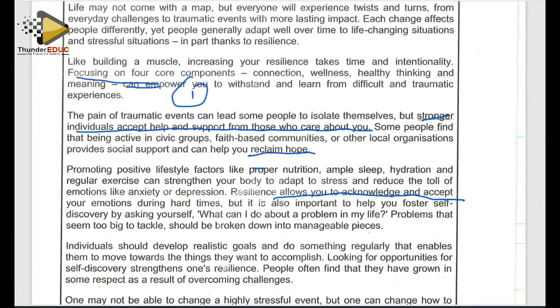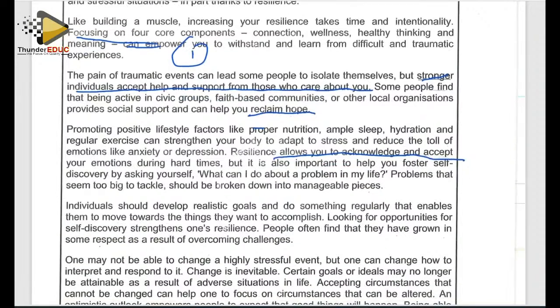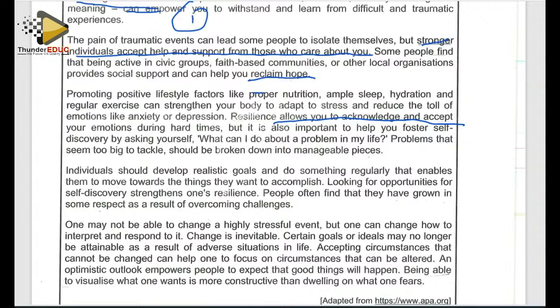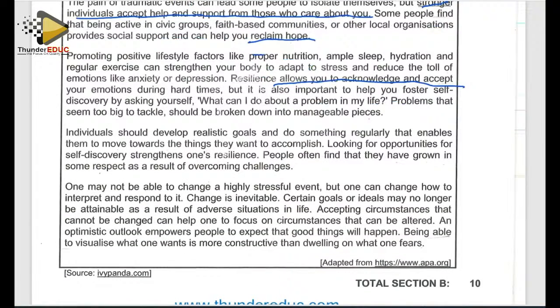But it is also important to help you foster self-discovery by asking yourself, what can I do about a problem in my life? Problems that seem too big to tackle should be broken down into manageable pieces. Individuals should develop realistic goals and do something regularly that enables them to move towards the things they want to accomplish.